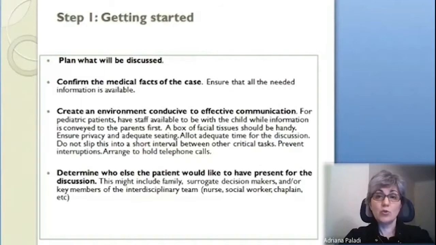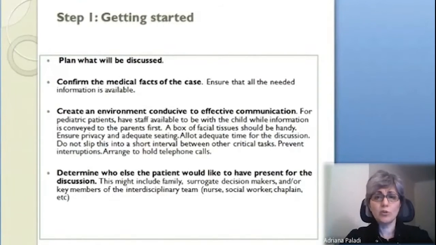The physician should ensure that all the needed information is available. Next requirement is the necessity to create an environment conducive to effective communication. For instance, in case of a pediatric patient, have staff available to be with the child while information is conveyed to the parents first.